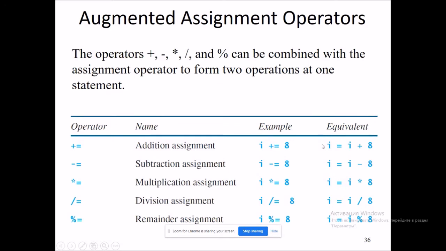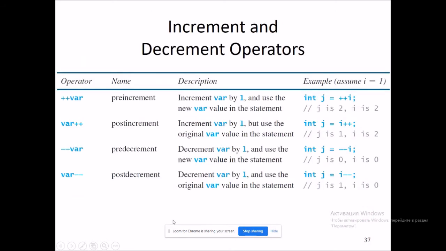Don't be confused with this one. It's not saying that i is equal to i + 8, but it's taking the value from the right side and copying it into the memory space that is on the left side. The same for subtraction assignment, multiplication, division, and remainder assignments.